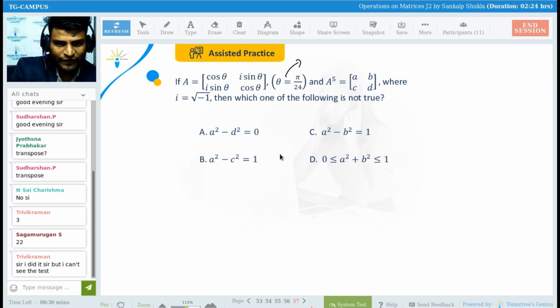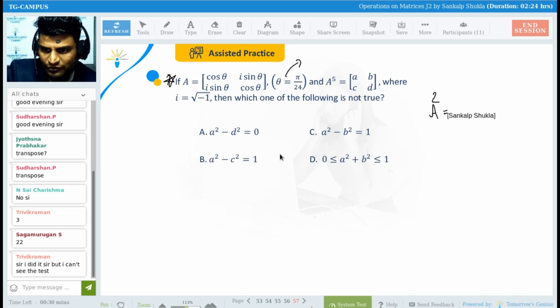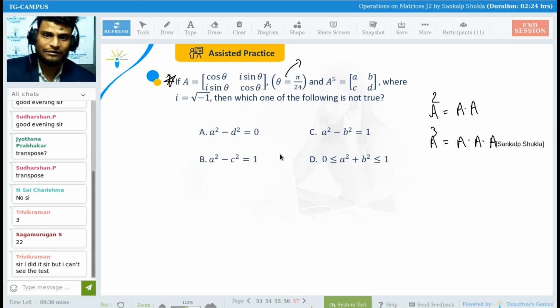Now I'll tell you, whenever this kind of matrix appears, this is a special case of matrix. You don't have to do A square equals A into A, or A cube equals A into A into A. Generally, this is the ideal method to find the value of A square and A cube, but in this case, there is no need to do so.